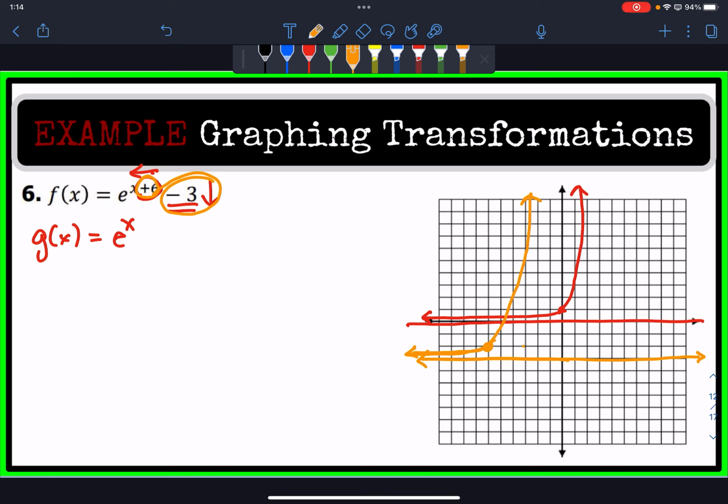We'll eventually cross the y-axis somewhere. But again, we're just drawing sketches of this, so we don't have to be completely accurate. As long as we get, again, this key idea that the horizontal asymptote is here at -3, and that this point, originally located at (0, 1), is now correctly at (-6, -2).